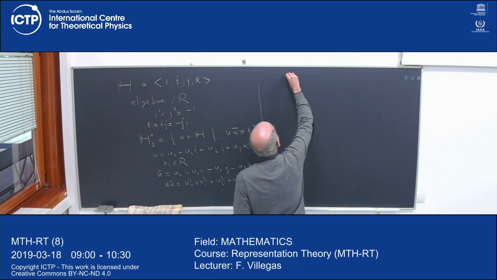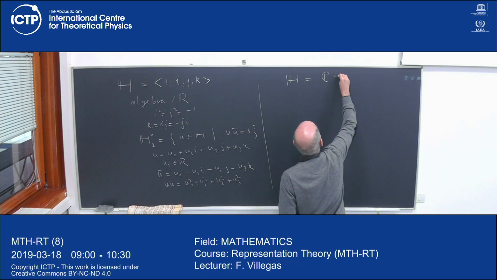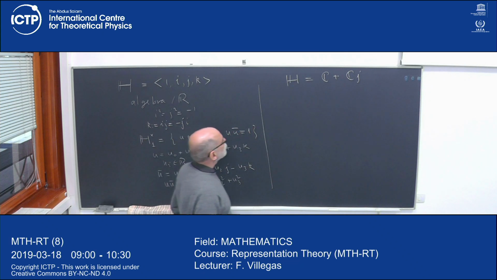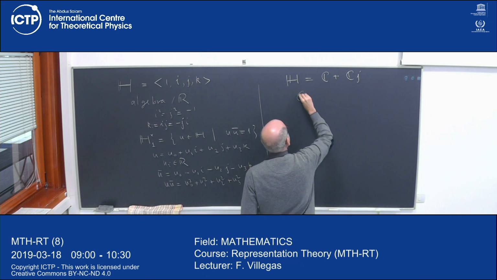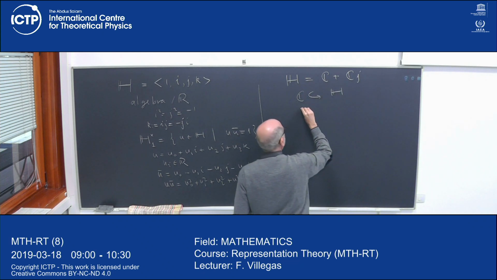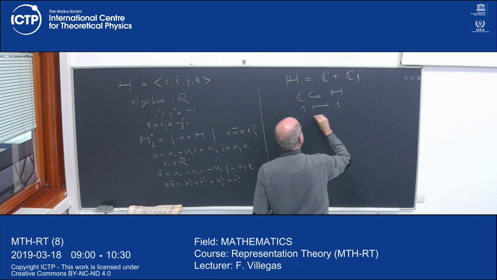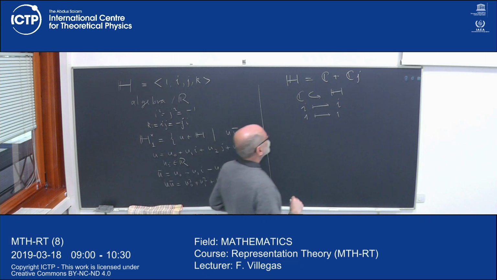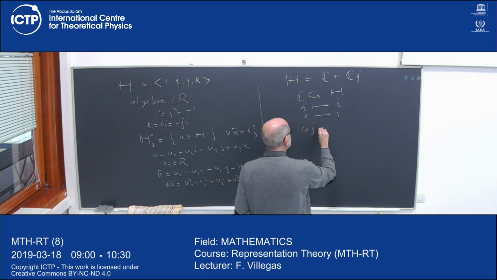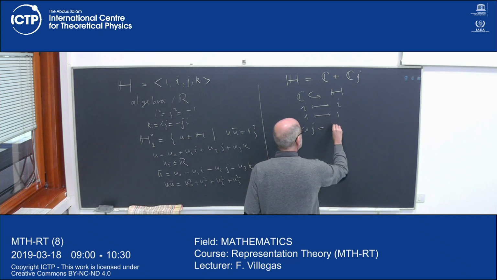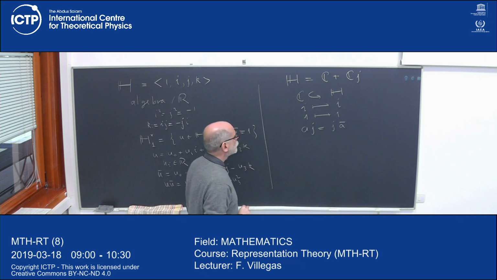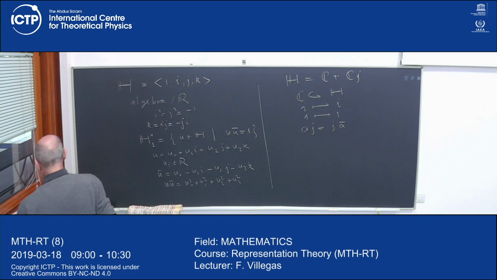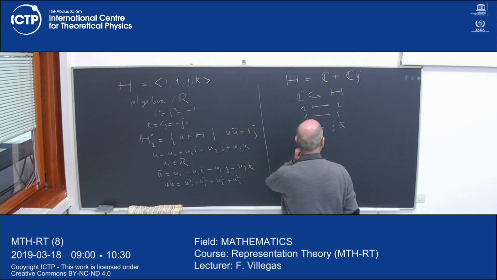Another way we gave this was thinking of the complex numbers inside H by sending i to i, 1 to 1. j then satisfies that ja is j times a bar.